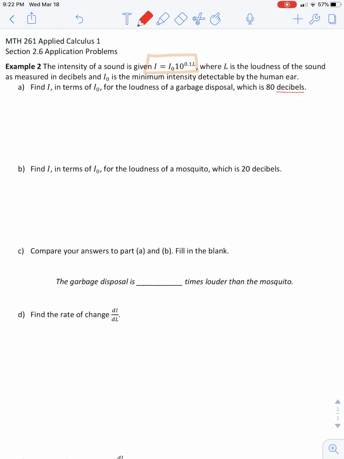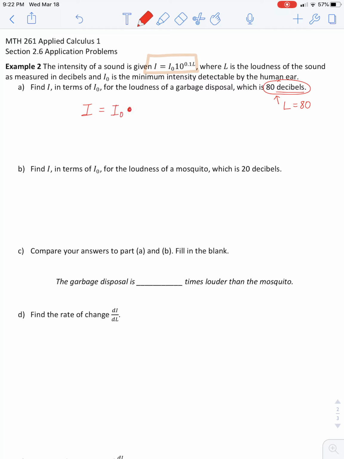Decibels. Okay, so I equals, we're given L here. This is our L. This is the loudness of the sound. L equals 80. So let's plug in everything we know. I equals I naught. I don't know what that is.